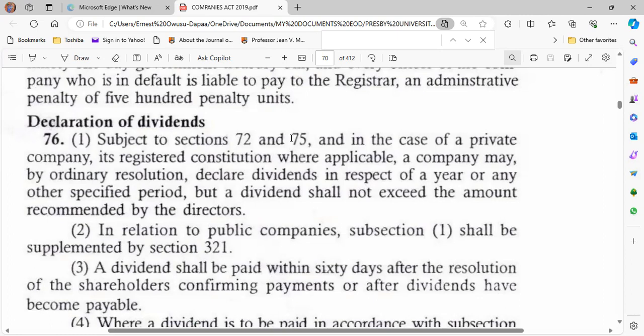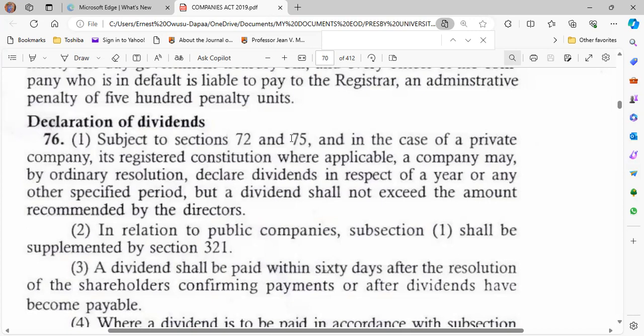So the takeaway is that, first, if the company has not made special rules in its constitution regarding how payments should be made, then the general rule, or the default rule, is that a dividend is declared by passage of an ordinary resolution. Ordinary resolution, that is, the general meeting is held, then a simple majority approves it, and the decision is made. That's an ordinary resolution.